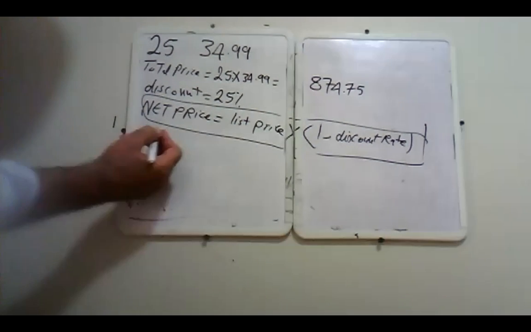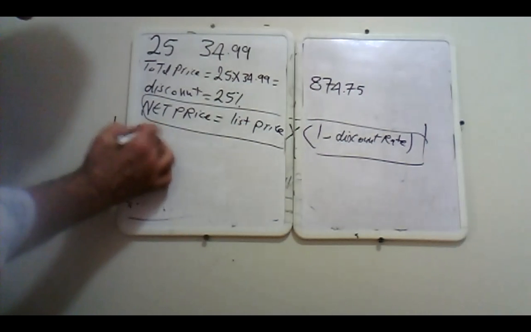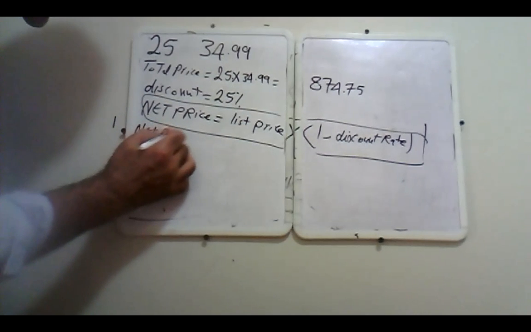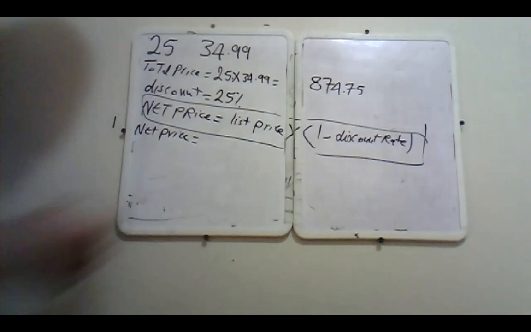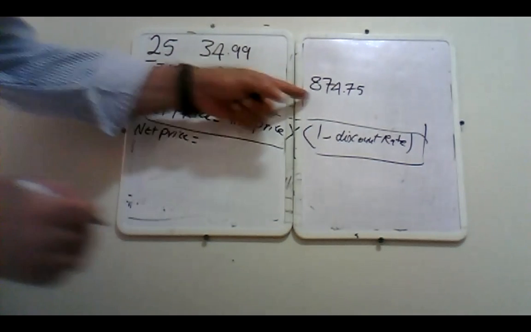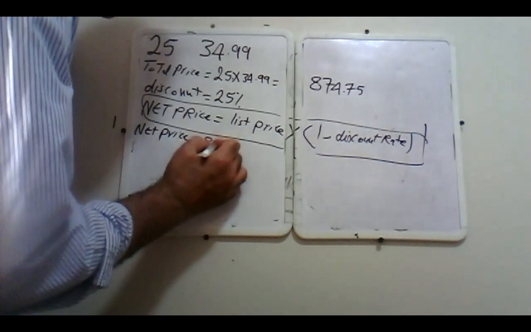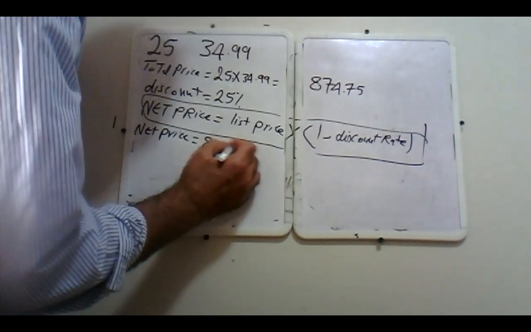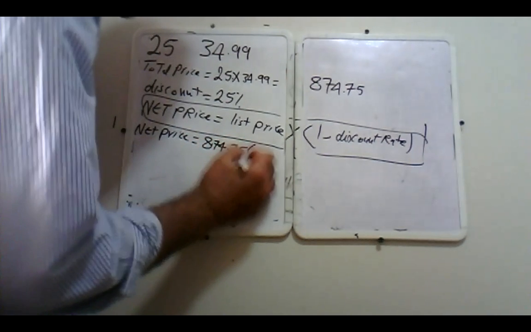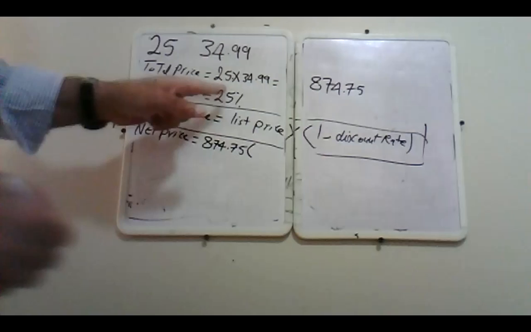So let me solve it here. Net price equals the list price, which is 874.75, multiplied by 1 minus the discount rate.